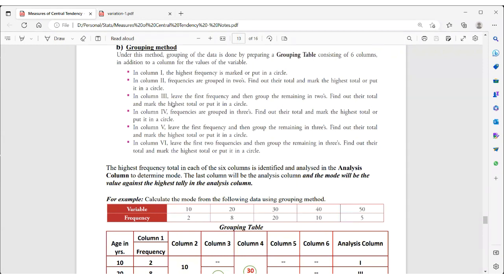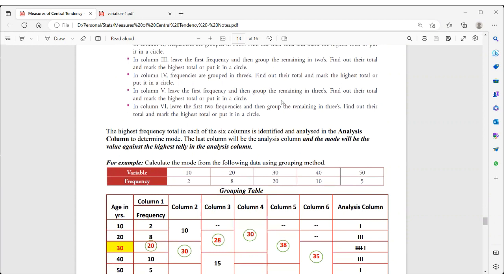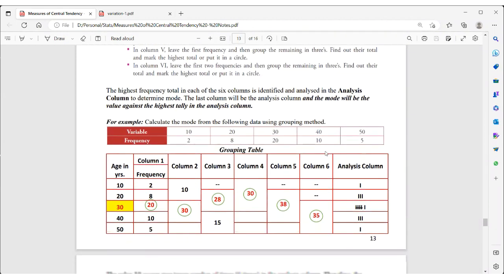In column 3, leave the first frequency and then group the remaining in twos. The fourth column has frequencies grouped in threes. The fifth column leaves the first frequency and then groups in threes. The sixth column leaves the first two frequencies and then groups the remaining in threes. See this example.